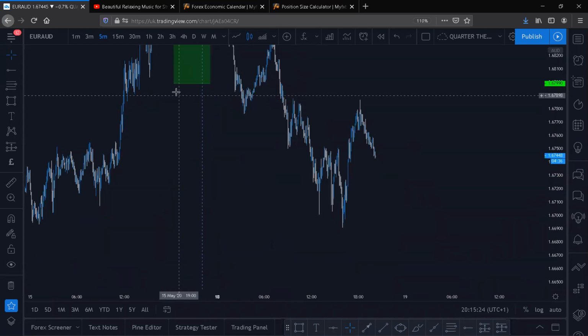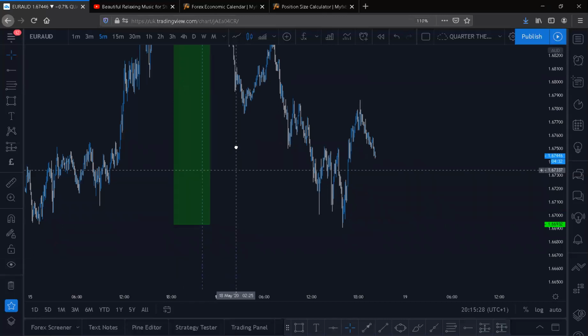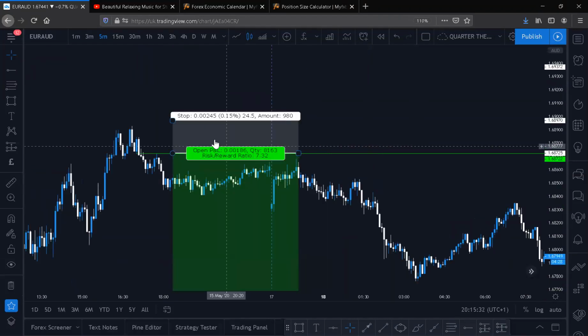So this move actually down here has gone all the way down to here. So imagine catching something like this. This trade is a 7 to 3.2. So let's pretend it's a 1-to-7 trade, right? Risking 1% to make 7%.